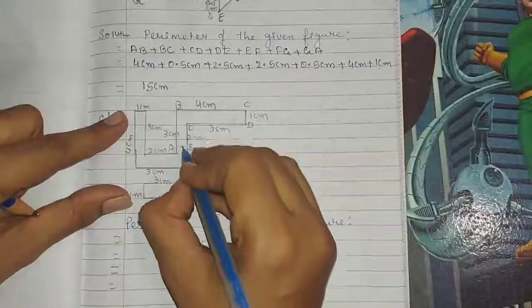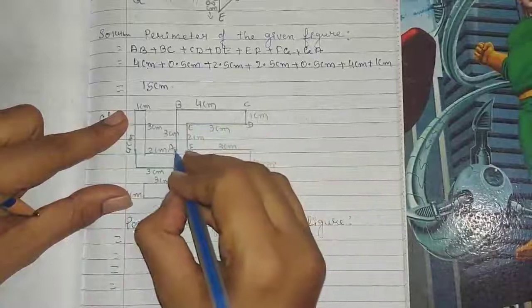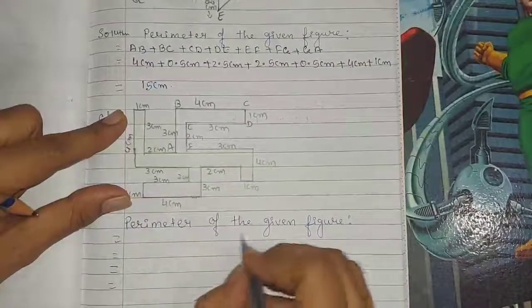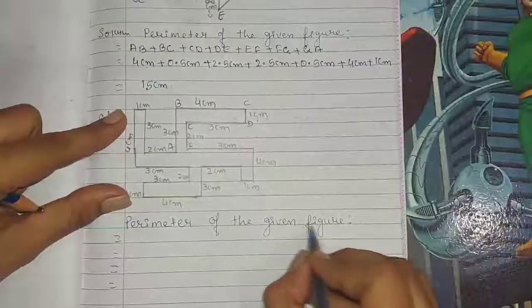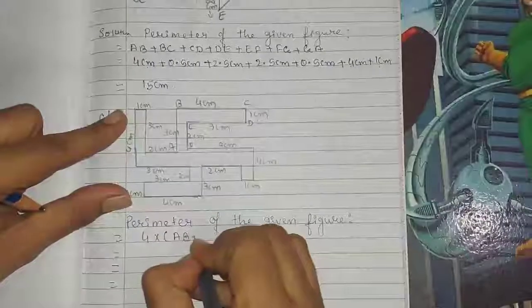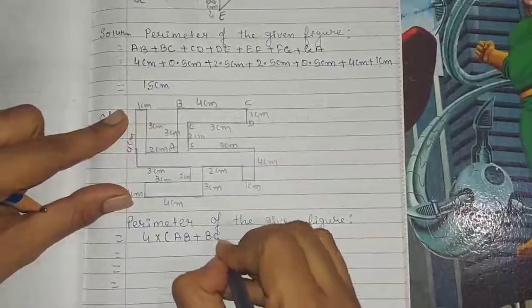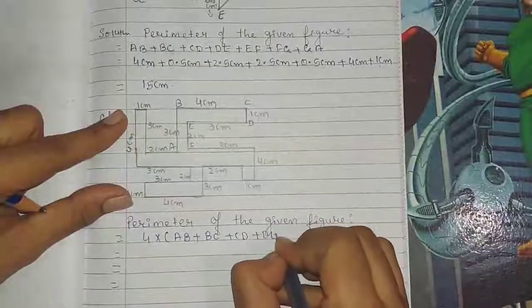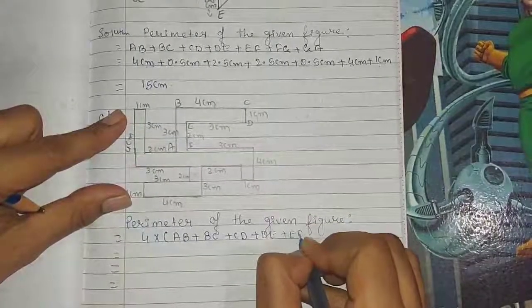So we will write the measurements of A, B, C, D, E, F, and the rest 4 are the same. So we'll multiply by 4. So how will we write the perimeter of the given figure? 4 multiplied by AB plus BC plus CD plus DE plus EF.